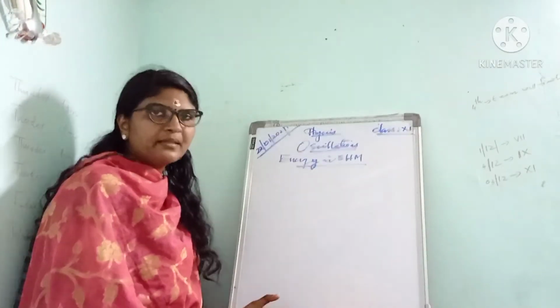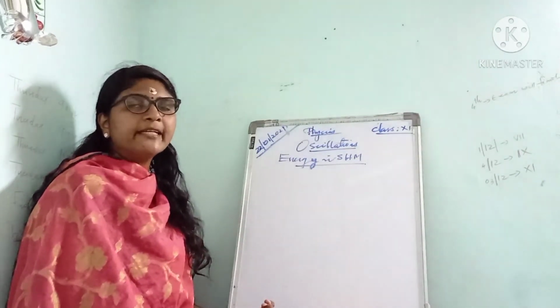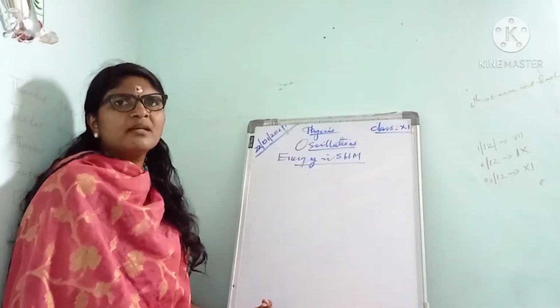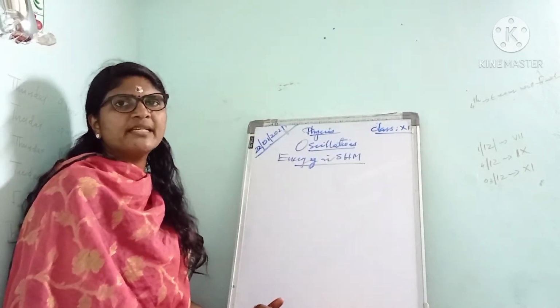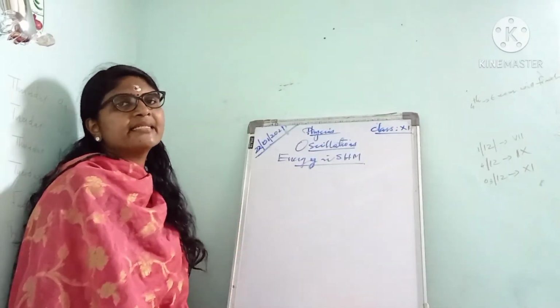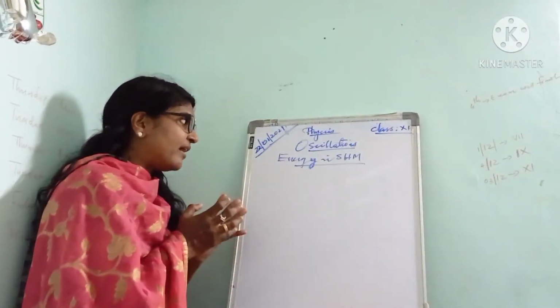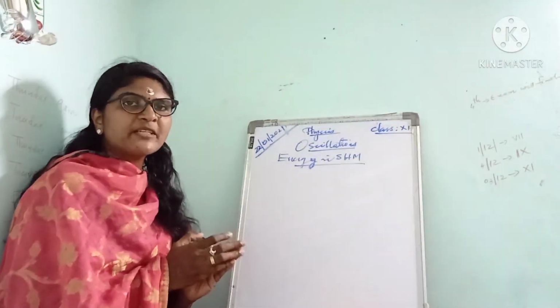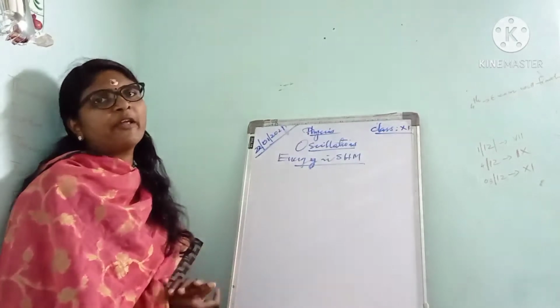Next we can discuss energy in SHM. The energy of an oscillating particle that executes simple harmonic motion is partly kinetic energy and partly potential energy. Actually, we are going to derive an expression for the energy of a particle which executes simple harmonic motion.